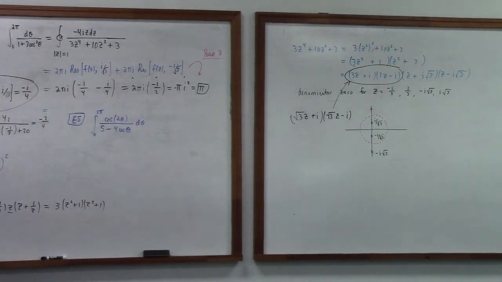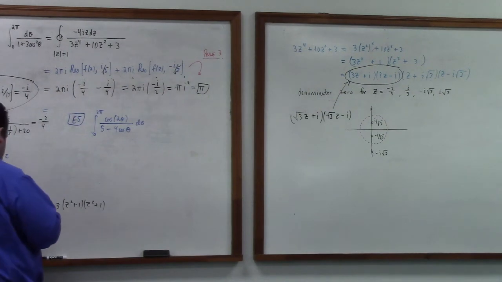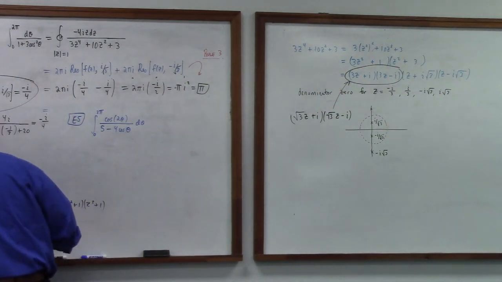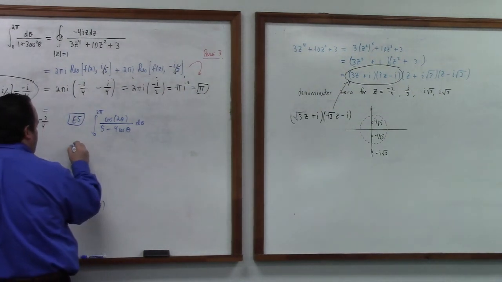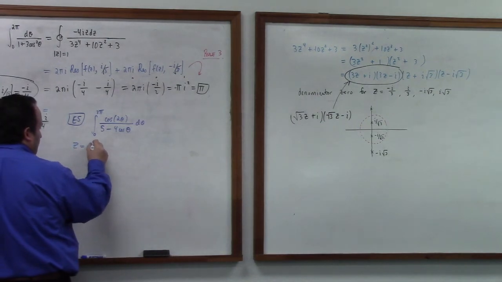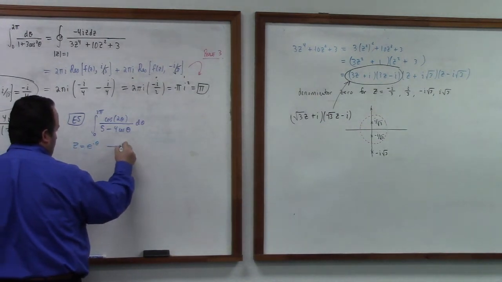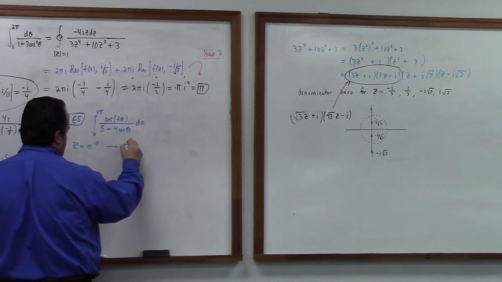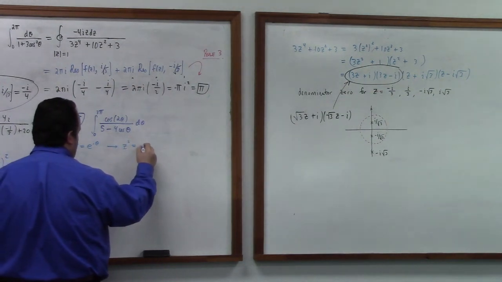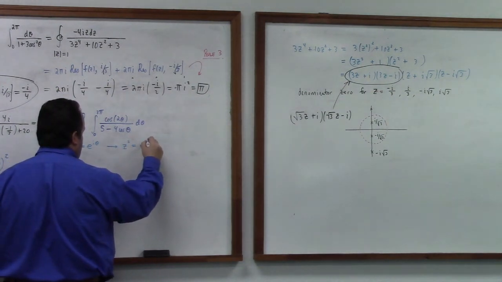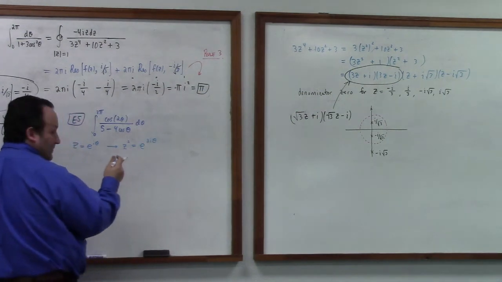The way he does this is, okay, if we have z equals e to the i theta, then z squared is equal to e to the 2i theta, right?